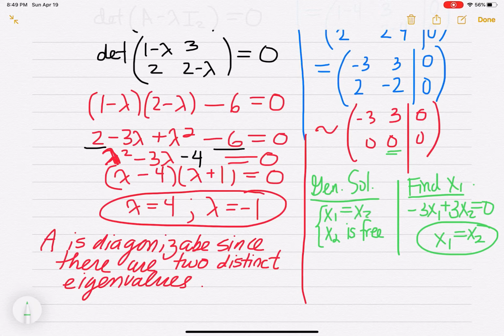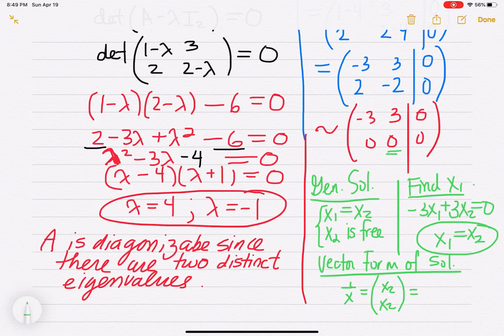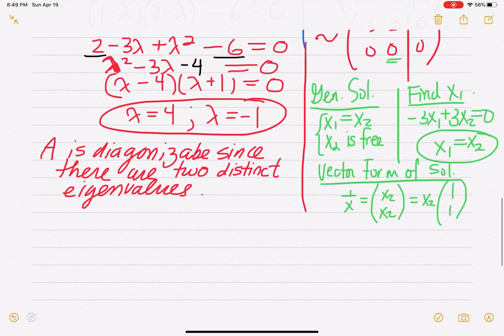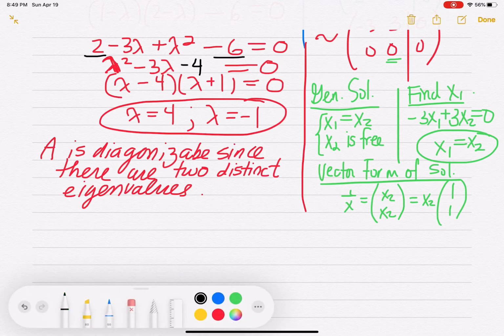Now let's look at the vector form of this solution. It's the vector x2, x2, and you can factor out x2 front, and you get 1, 1 as the vector. So any vector of this form is an eigenvector for the eigenvalue 4, except you can't plug in 0 for x2, when you're talking about actual eigenvectors.